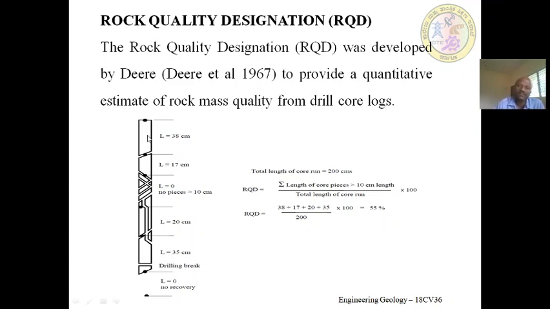Here a 2 meter run is there in a core. The length of the first core piece is 38 centimeters, then the second one is 17 centimeters, and the third is 0 because it is less than 10 centimeters.